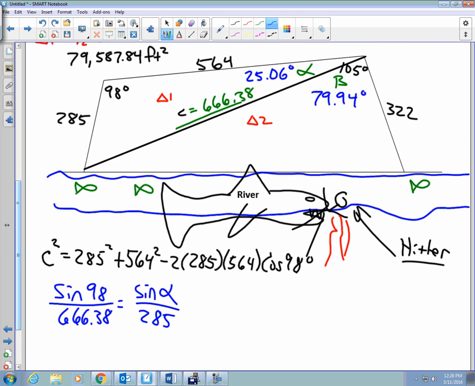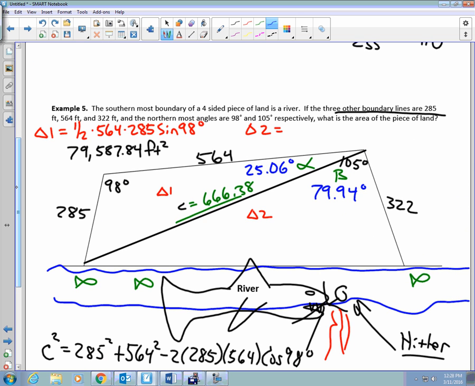Now can I find the area? Yeah, I have two sides and the included angle. So I take 1/2 times 666.38 times 322 times the sine of 79.94.